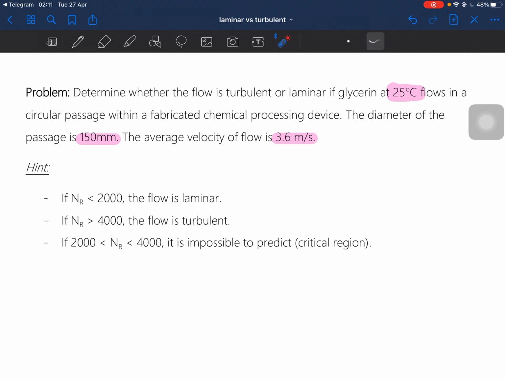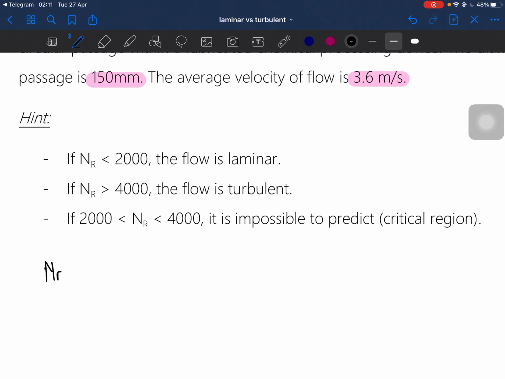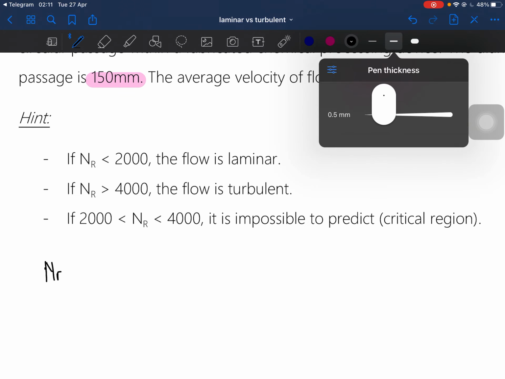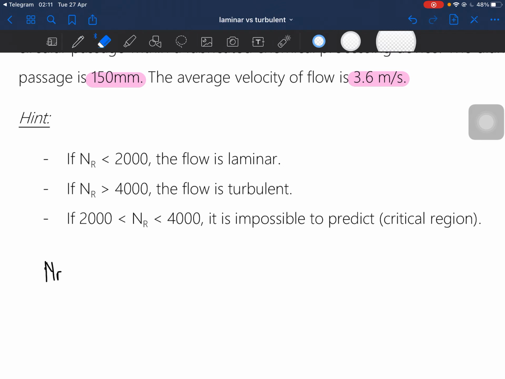So now let's start solving this problem. For the Reynolds number, we can say NR is, let me enlarge this a little bit. You can just write R or NR, it's okay.